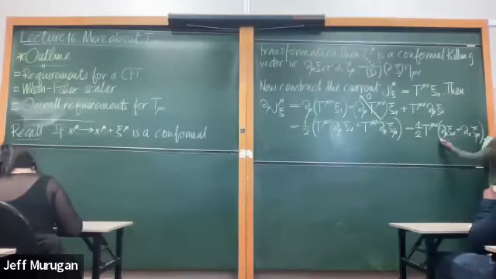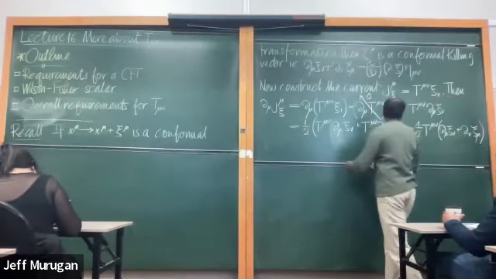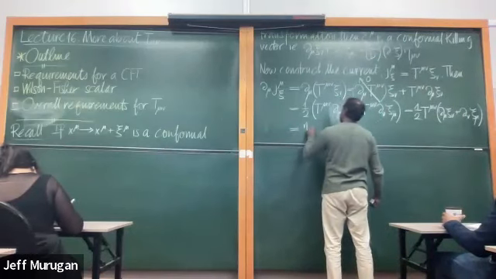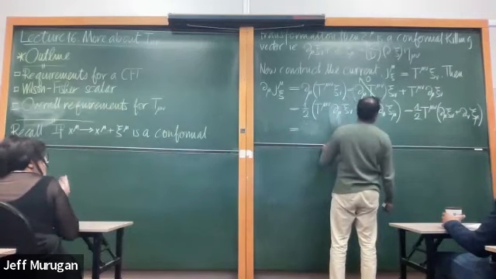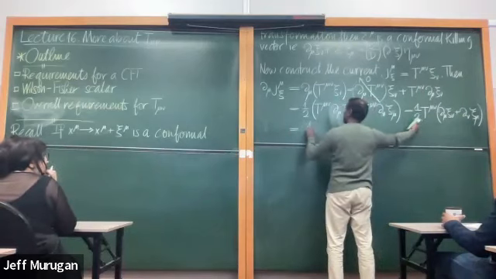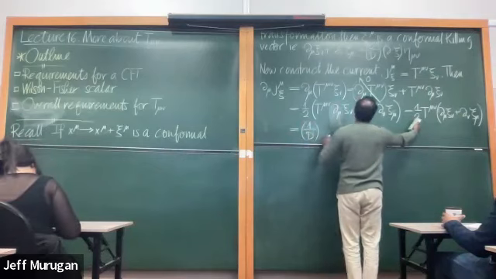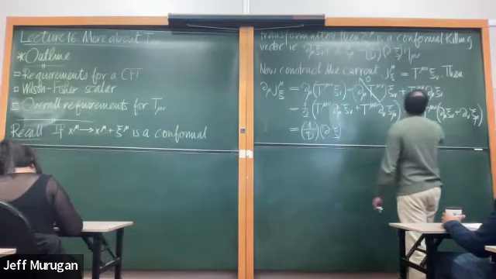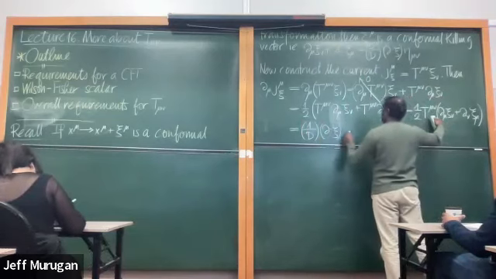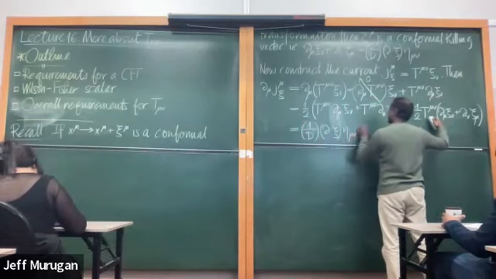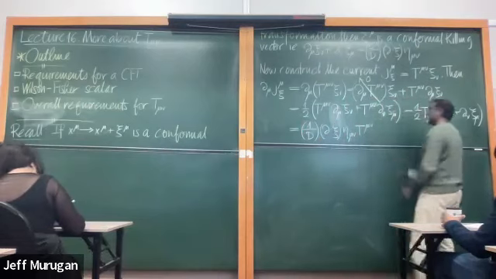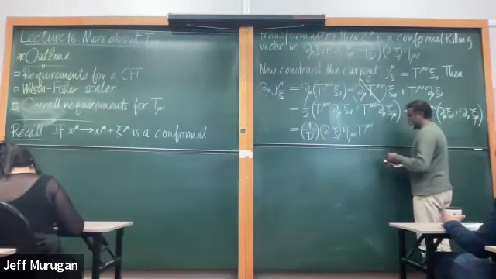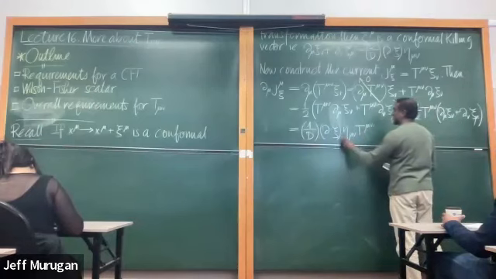Then the thing in brackets is the conformal Killing equation, so I replace that by the η term. The 2 cancels that half, so we get 1 over d times ∂·ψ, and then η_μν times T^μν. And η_μν contracted with T^μν just pulls out the trace of this rank 2 tensor.